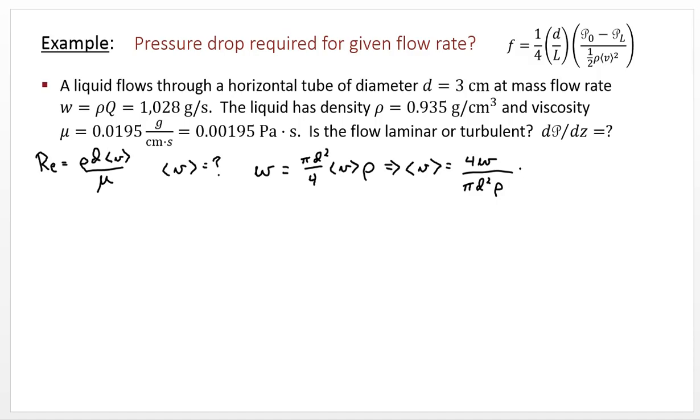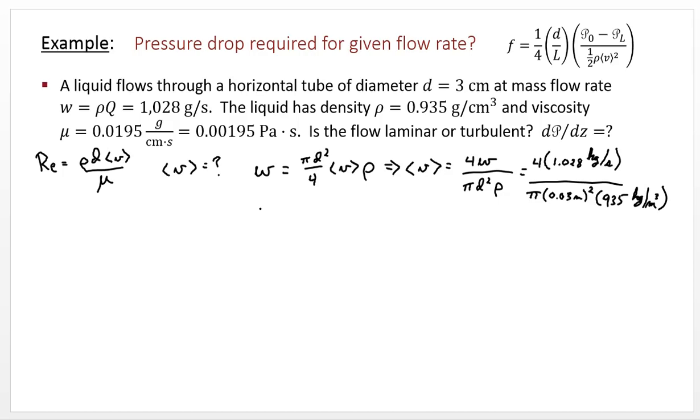And we can substitute numerical values here. So we have 4. The mass flow rate would be 1.028 kilograms per second, and we divide this by pi. The diameter is 0.03 meters squared, and then the density, 0.935 grams per cubic centimeter, corresponds to 935 kilograms per cubic meter.